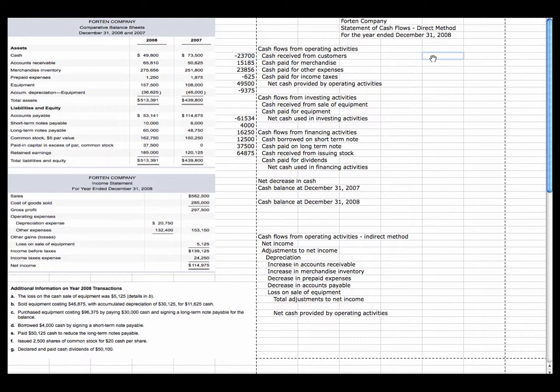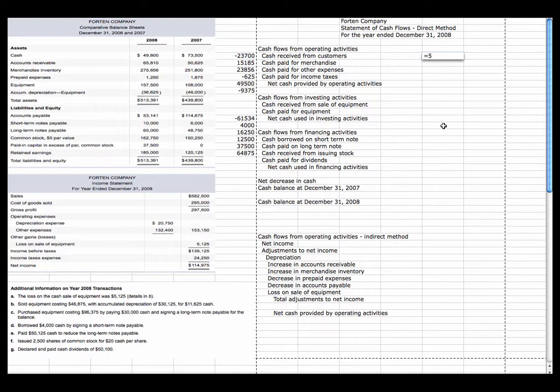The cash received from the customers, as you recall, has to do with the relationship between accounts receivable and sales. So therefore, we can create a formula. And that formula is that we take into account our sales. And our sales down here, as it shows on the screen, is $582,500.